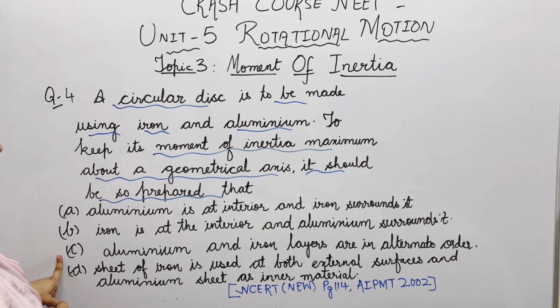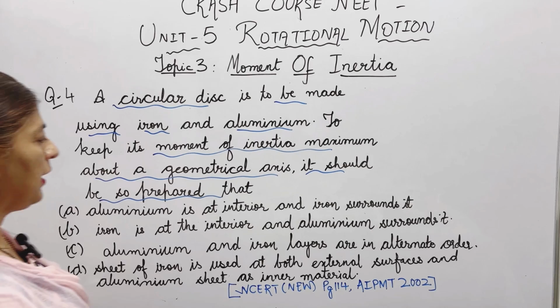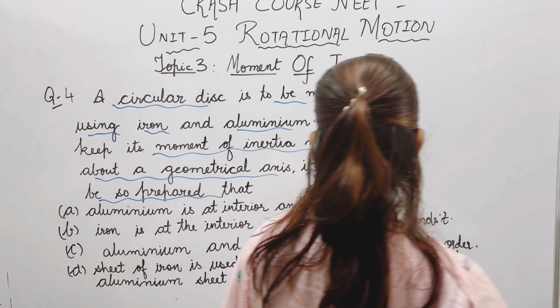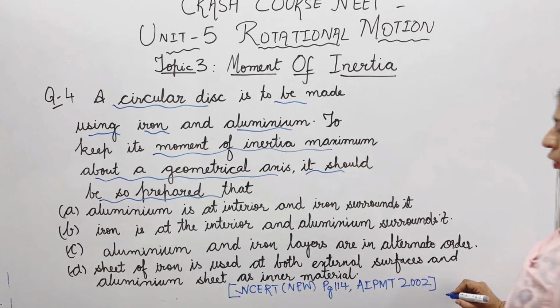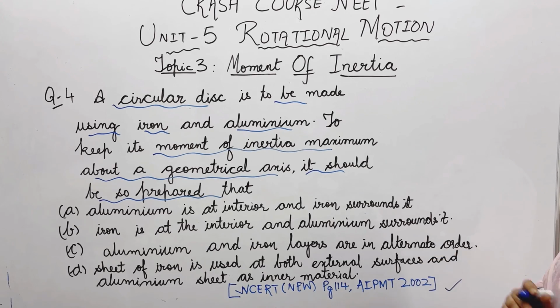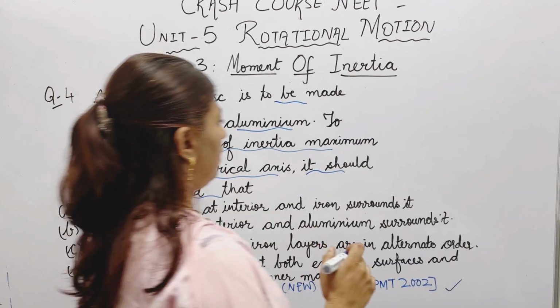Or C, aluminium and iron layers are in alternate order. Or the fourth option, sheet of iron is used at both external surfaces and aluminium sheet as inner material. So these are the four options given, and this question has come in All India PMT 2002. This is on page number 114 of new NCERT.